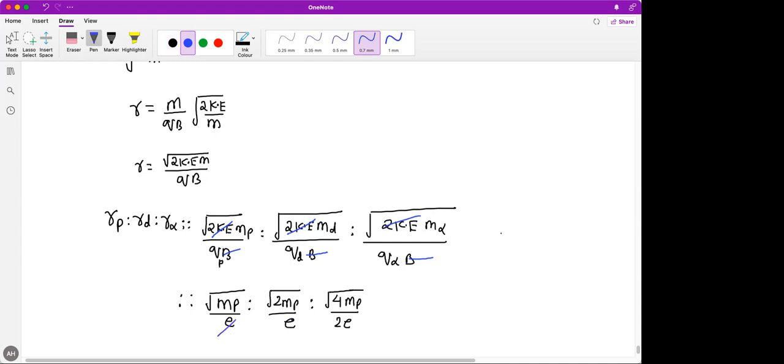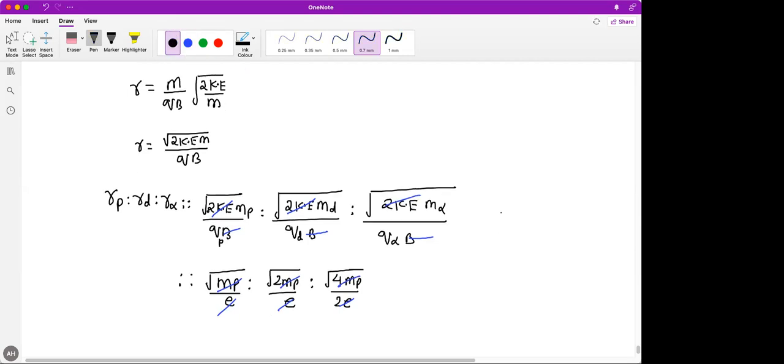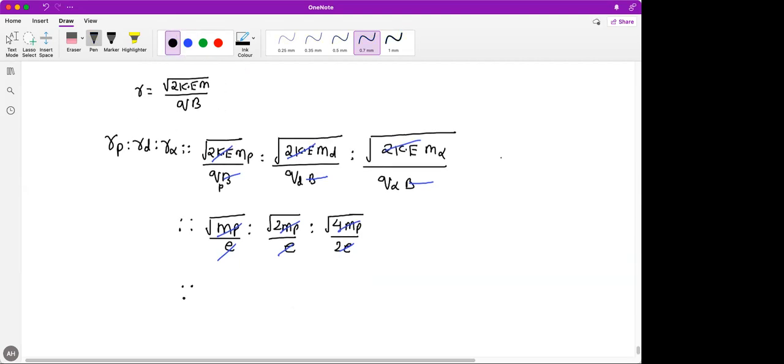So this e and e will get cancelled out. mp and mp will get cancelled out. And you are left with 1:√2:√(4/2), which is 1. So radius of path of proton, radius of path of neutron, and radius of path of alpha particle is 1:√2:1.